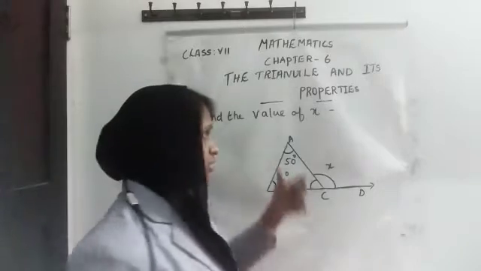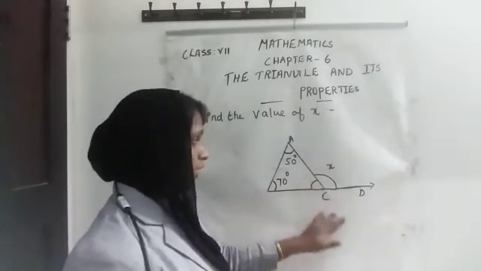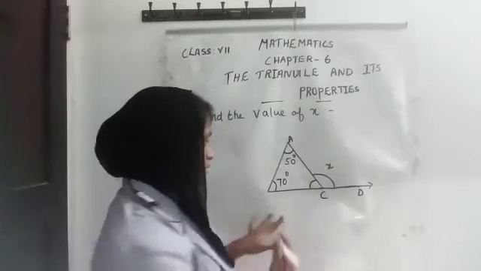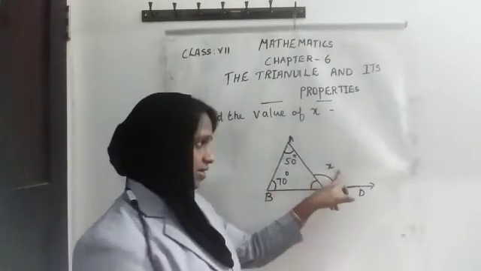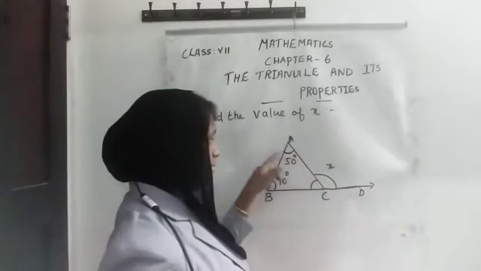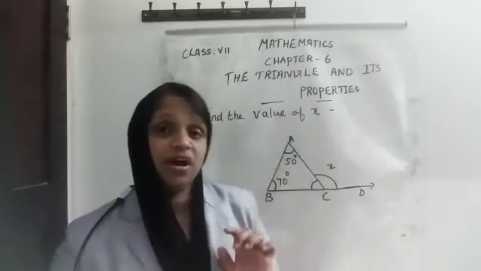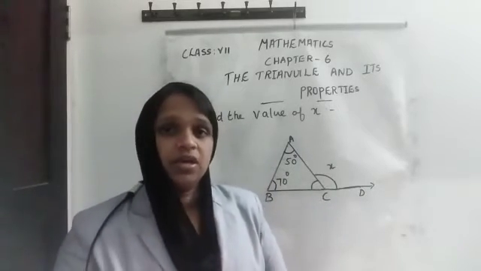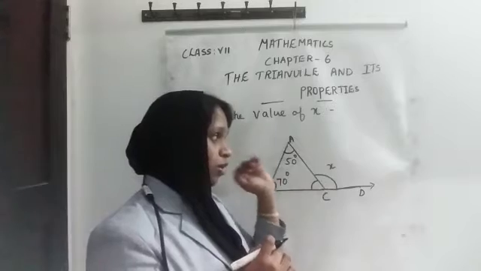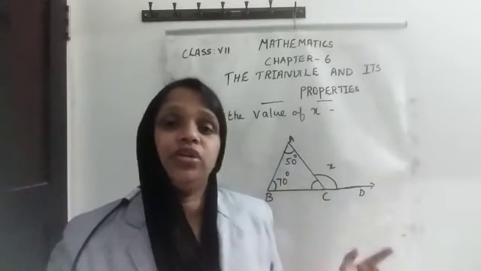So we can discuss the first question, that is, find the value of x. Now here x is the exterior angle, right? And 50 and 70 degrees are interior angles. So we want to find the value of x, and here x is the exterior angle.